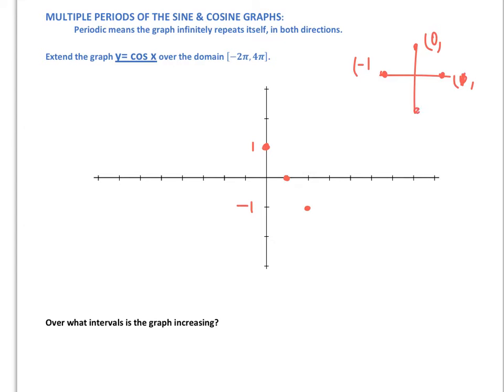And then when we get to 270 degrees, or 3 pi over 2, what's the x value? 0 again. So we're there. And then when we complete a full circle, we're back to 1. Okay, that's 1 period length. All right? So in terms of our x-axis, it looks like every other is a pi. So this is 2 pi. That's 1 period length.